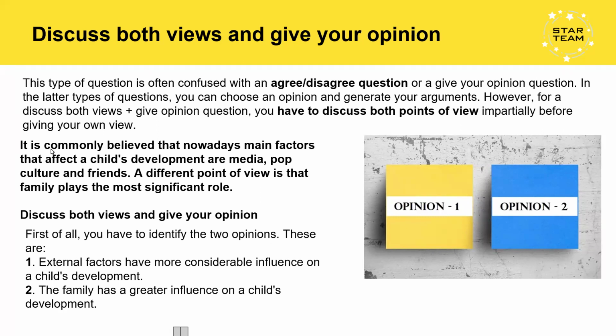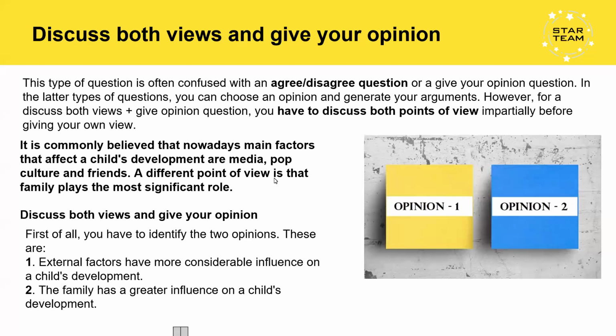So there is a topic. It's commonly believed that nowadays the main factors that affect a child's development are media, pop culture, and friends. A different point of view is that family plays the most significant role. So guys, what is more crucial in child development? Is it media, pop culture, and friends, or a family? You can write your opinions in chat, please.